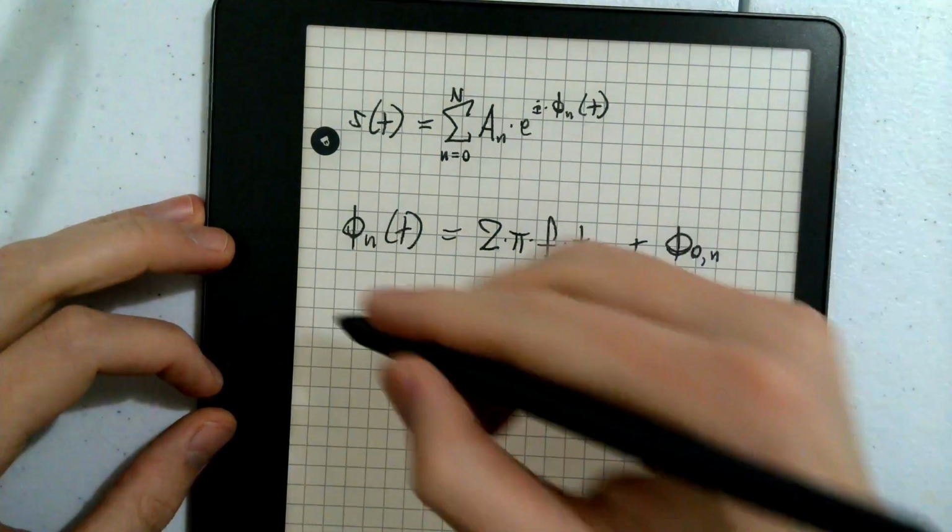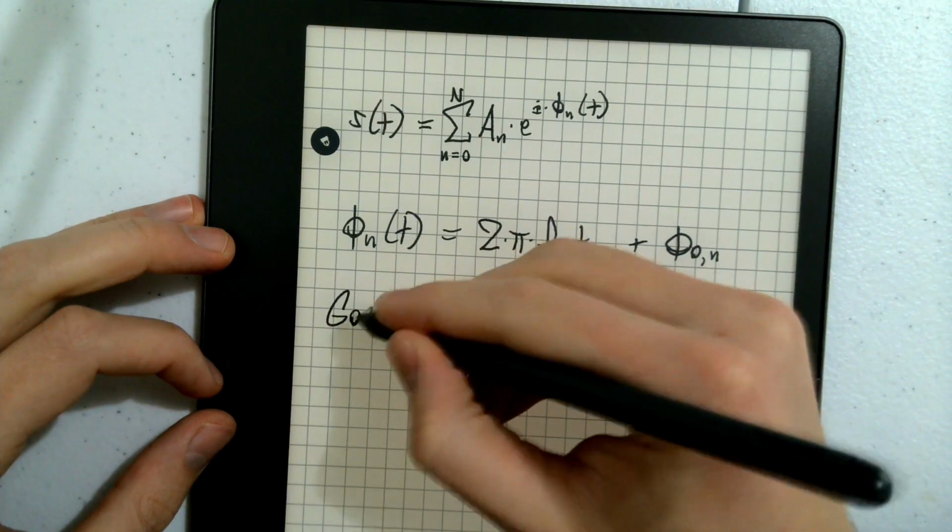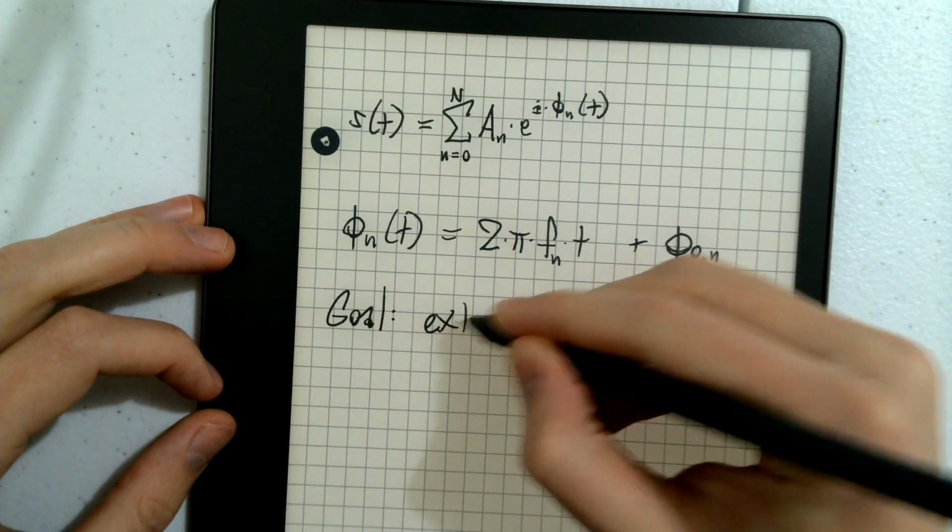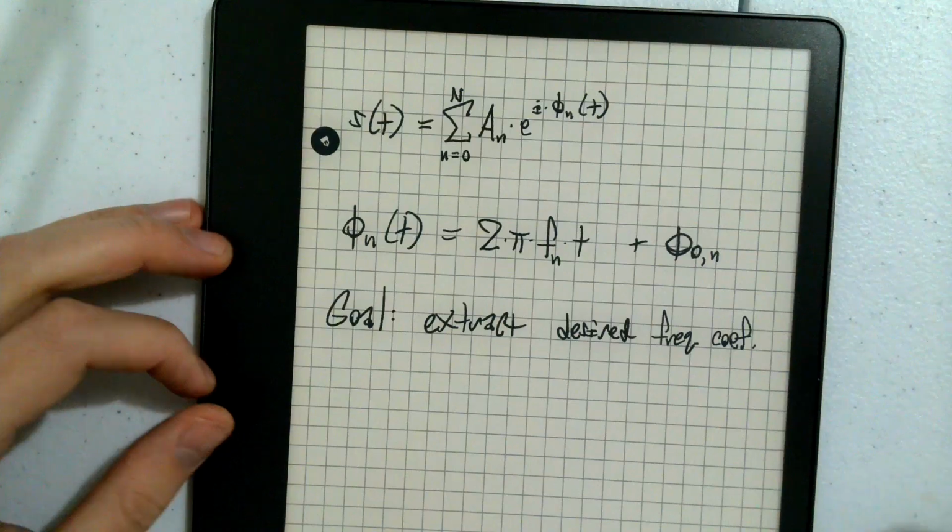What we want is, the goal is to extract the frequency coefficient, or the Fourier coefficient, that frequency spectrum coefficient that we want for the frequency, because we will have a set of frequencies, one frequency for each piano note, and actually we'll do frequencies in between the notes too, just in case the note is out of tune.